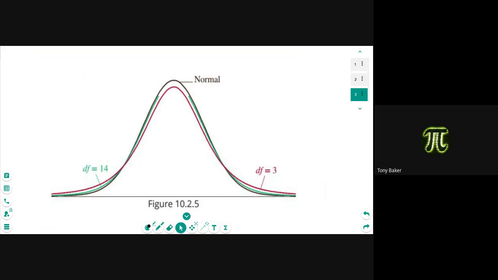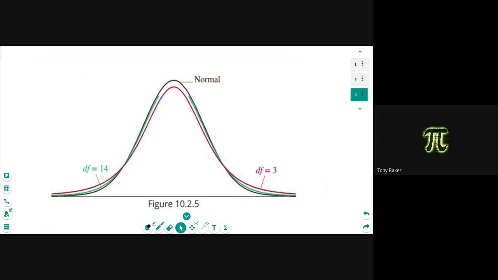As long as you have 30 points of data, we typically can assume it's normal and we don't have to go through a bigger process. If I had less than that, we'd have to determine if it's a normal set of data, but in most of the situations I'm going to give you, you're going to be able to assume that. You're not going to have to figure that piece out.